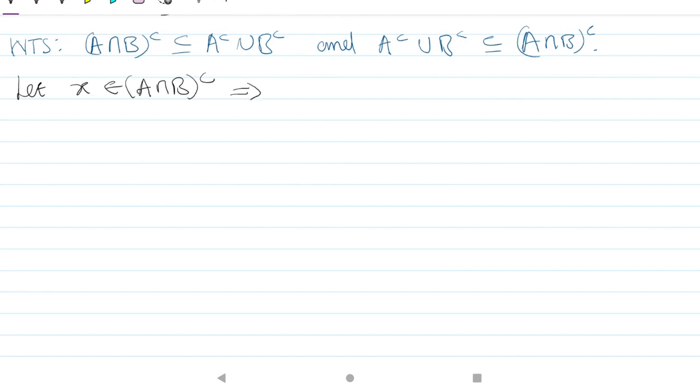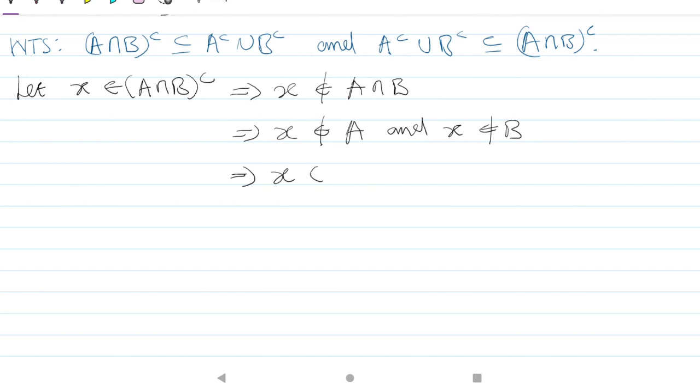Now, if x is in the complement of A intersection B, it means that x is not an element of A intersection B. What does this mean? This means that x is not in A or x is not in B. So if x is not in A or not in B, what does that mean?